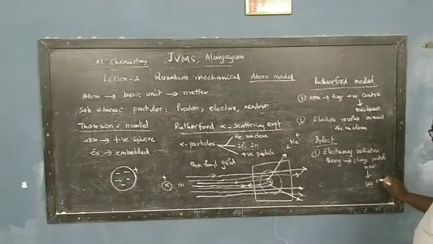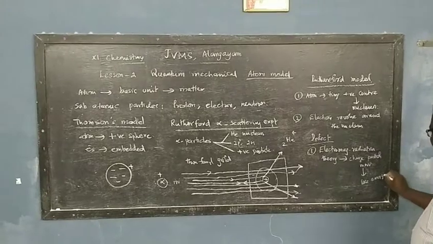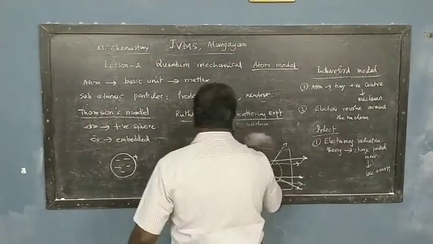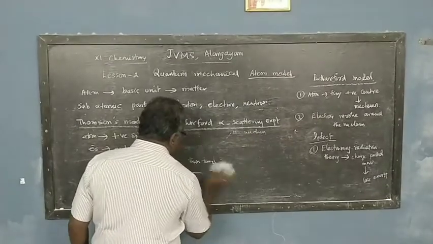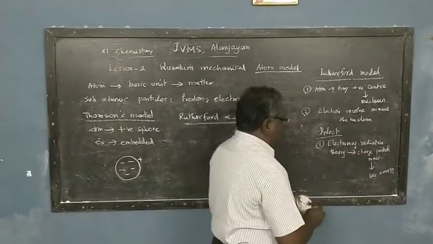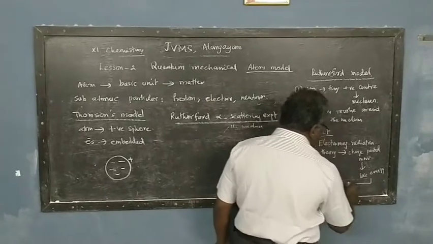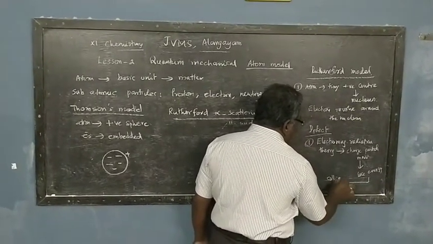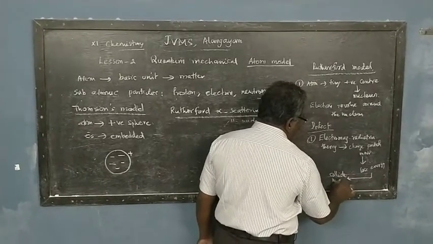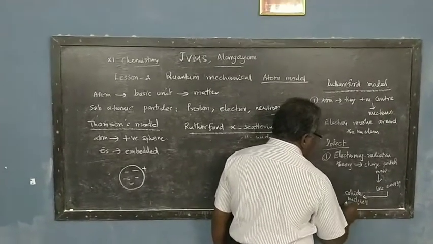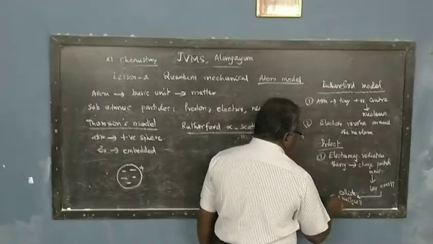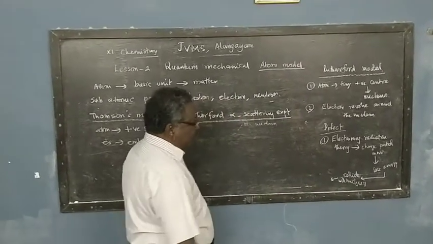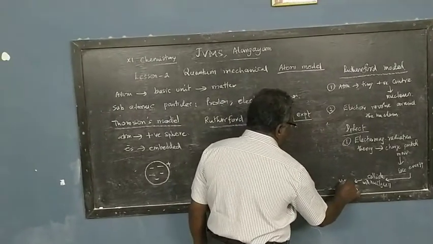It will lose energy. So if the electron is moving around the nucleus, it will lose energy. If it loses energy, then what will happen? Then it will collide with nucleus. Then what will happen? Then the whole atom will be damaged and the atom becomes unstable.